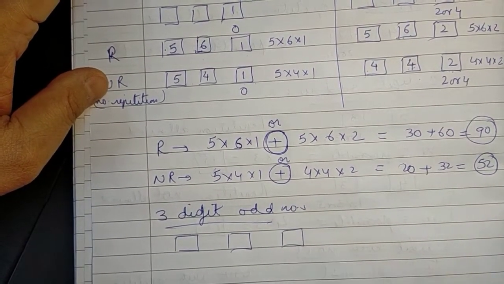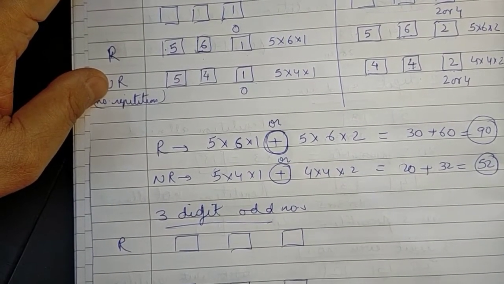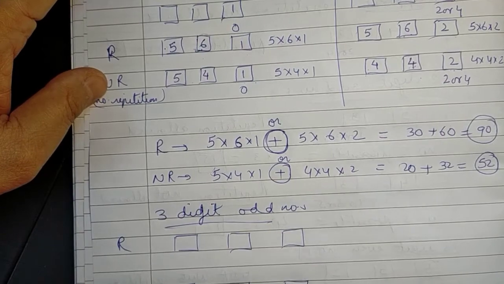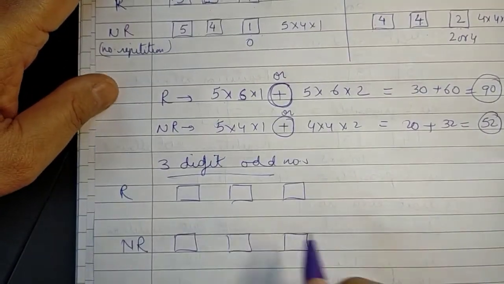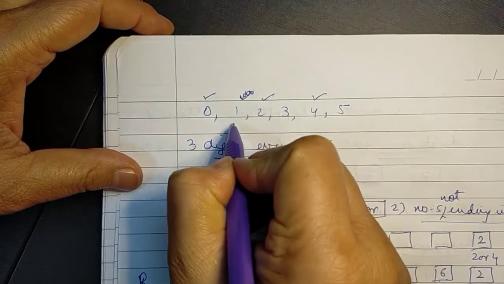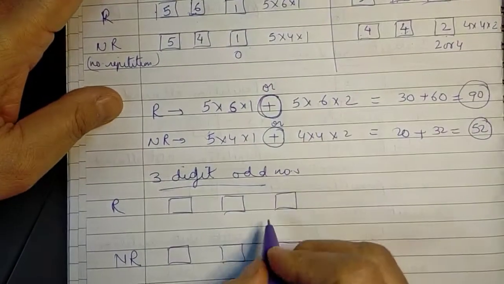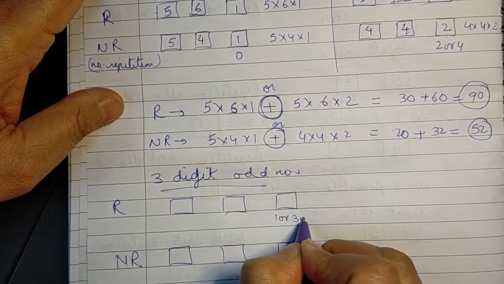When repetition is allowed, the number can end in 1 or 3 or 5.